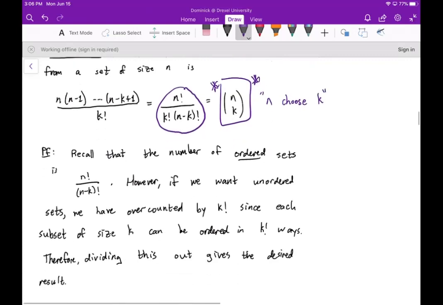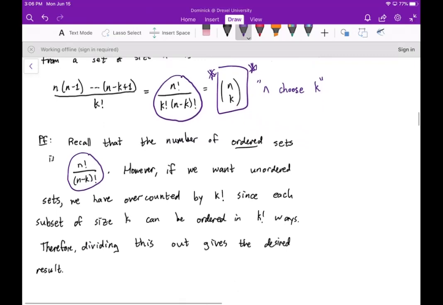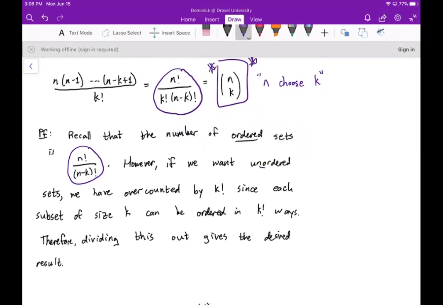Now the proof of this is to use the fact that the number of ordered sets would be n factorial over n minus k factorial. If you want the unordered sets, by unordered we mean that ABC is the same as CBA, because the order doesn't matter. Those contain the same elements, so we consider them to be the same sets.